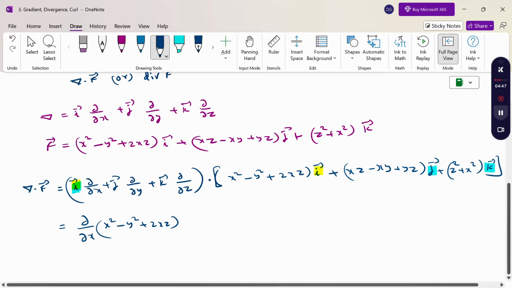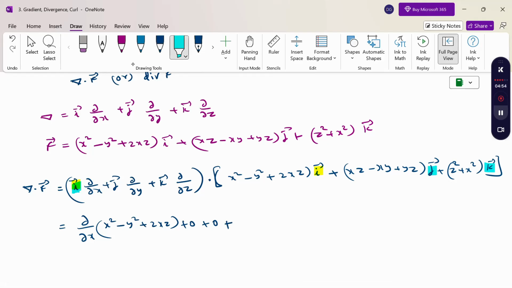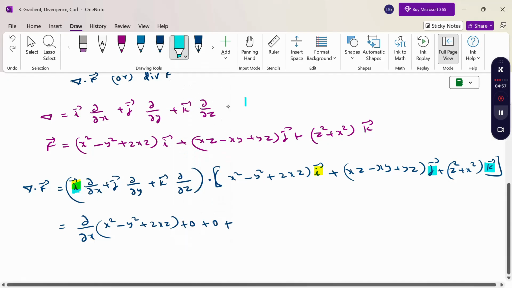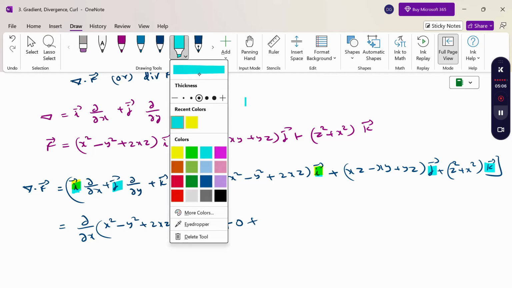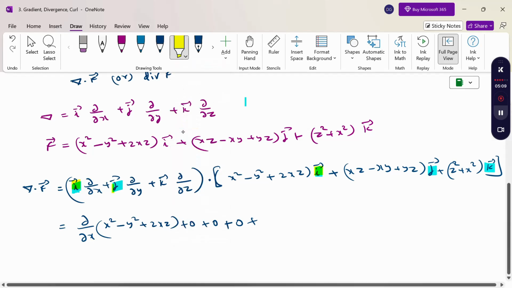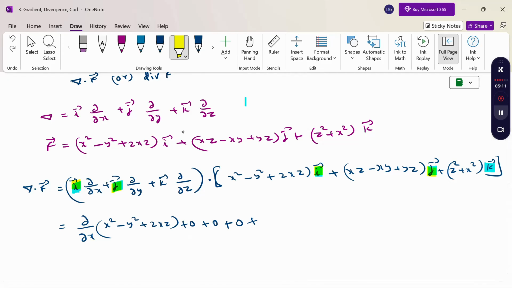Next term: j dot i is 0, j dot j value is 1, therefore dou by dou y of (xz minus xy plus yz).